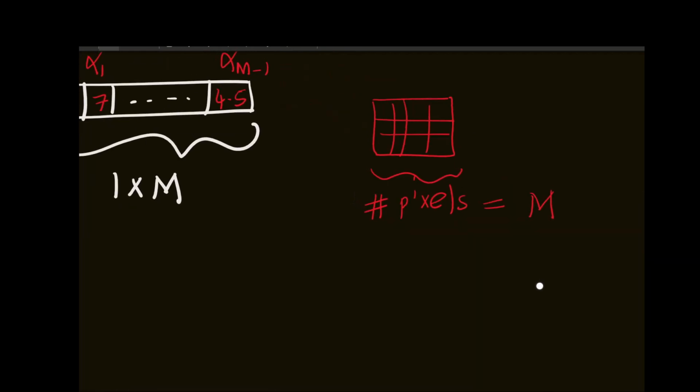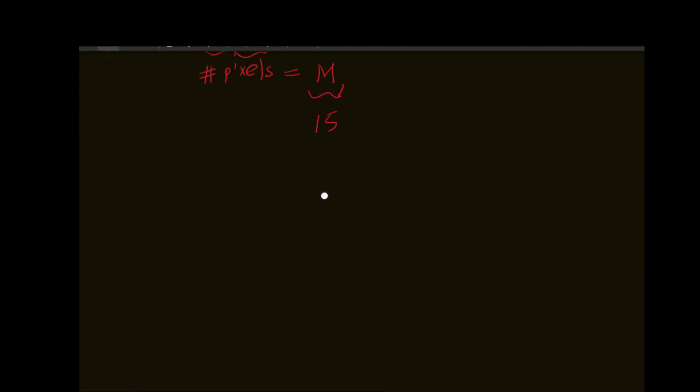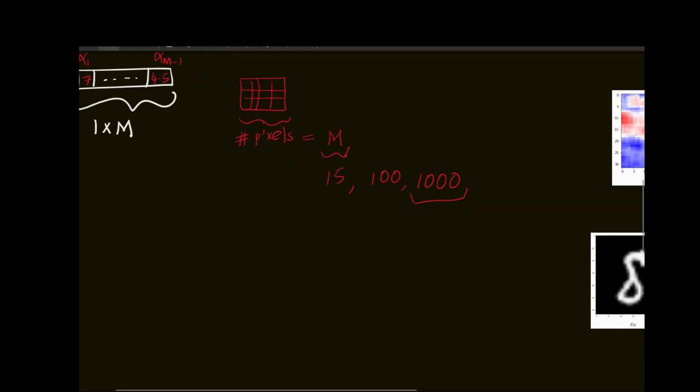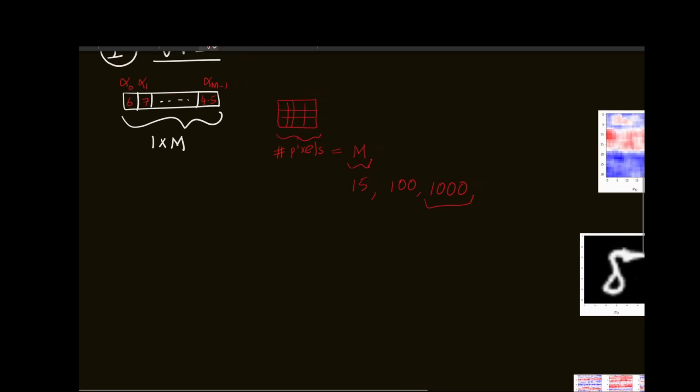Don't be surprised in a lot of healthcare and finance datasets if this m is significantly small. m could be 15 variables or predictors, or 100, or 1,000, which is a very big dataset in finance. With only 1,000 pixels, it's not a very large image, and we might run into problems when using a CNN.